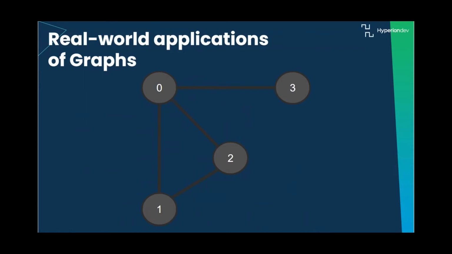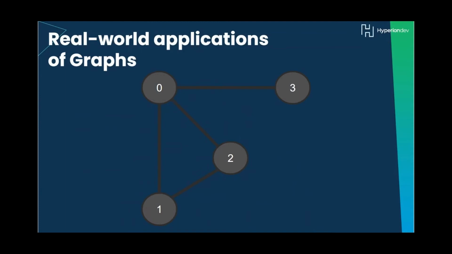In an undirected graph, nodes are connected by edges that are bidirectional. For example, if an edge connects node 1 and 2, we can traverse from node 1 to node 2 and from node 2 back to node 1.